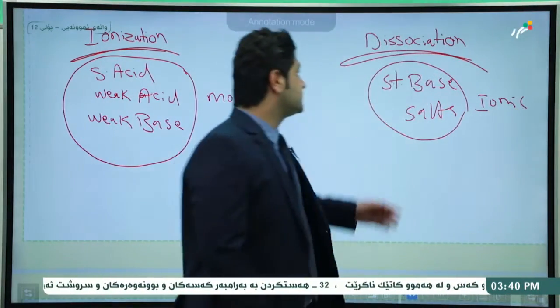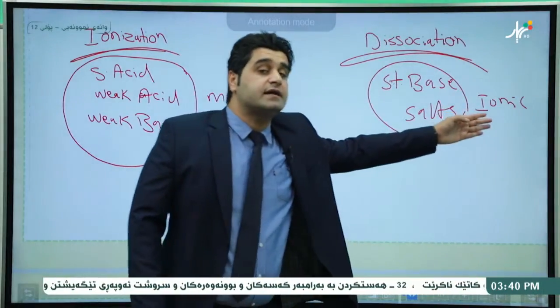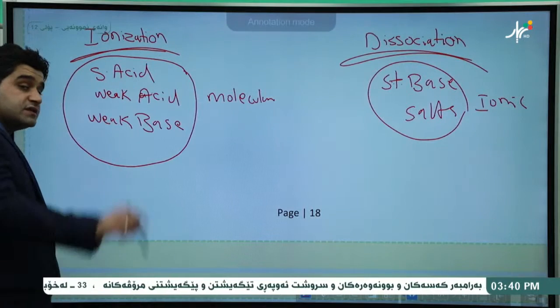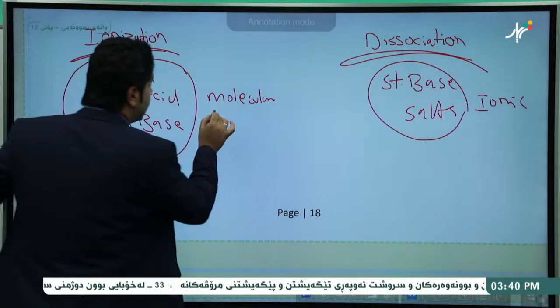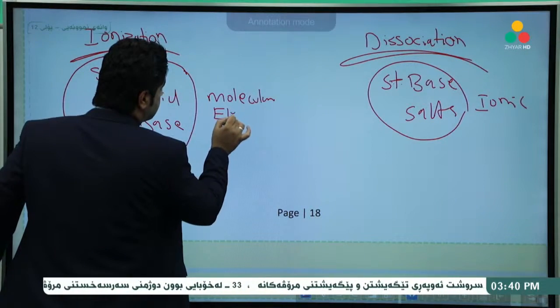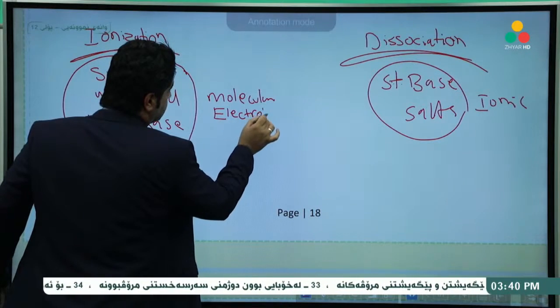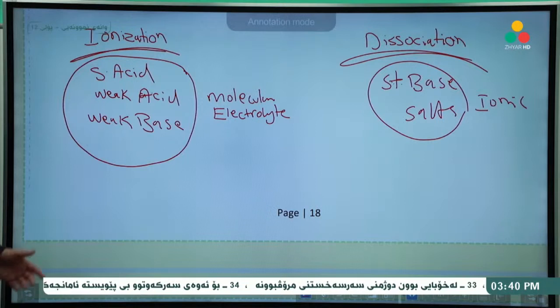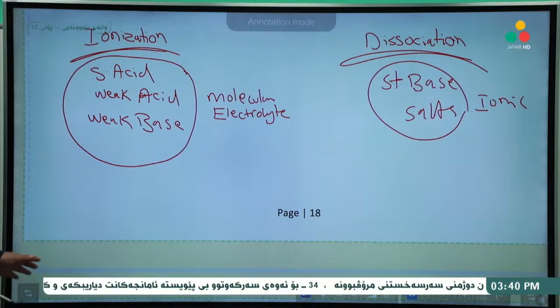Okay, so dissociation is for ionic compounds, but ionization is for molecular compounds. But which molecular compounds? They should be electrolytes. Okay. Now write the form of the reaction of them.